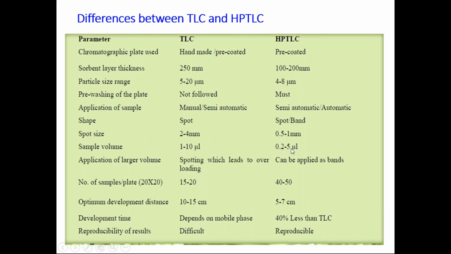Sample volumes are very low in HPTLC. The number of samples you can do in HPTLC is large. So the distance for development is very short because your particle size is very small, and the time depends on the mobile phase. But the most important is that in HPTLC you can get reproducible results.